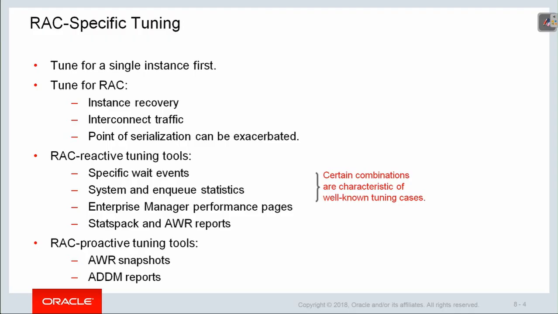And also, interconnect traffic. As part of a practice activity, you will generate workload, and also you will make block transfer, and you will see the performance issue mainly caused by excessive block transfer.